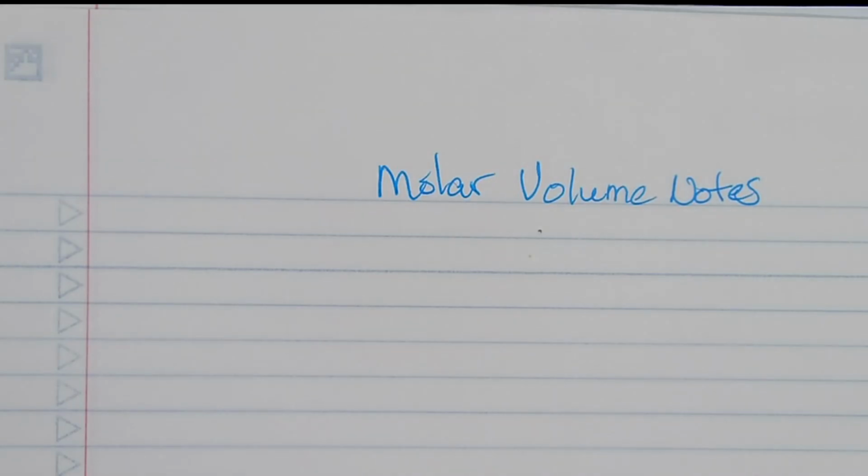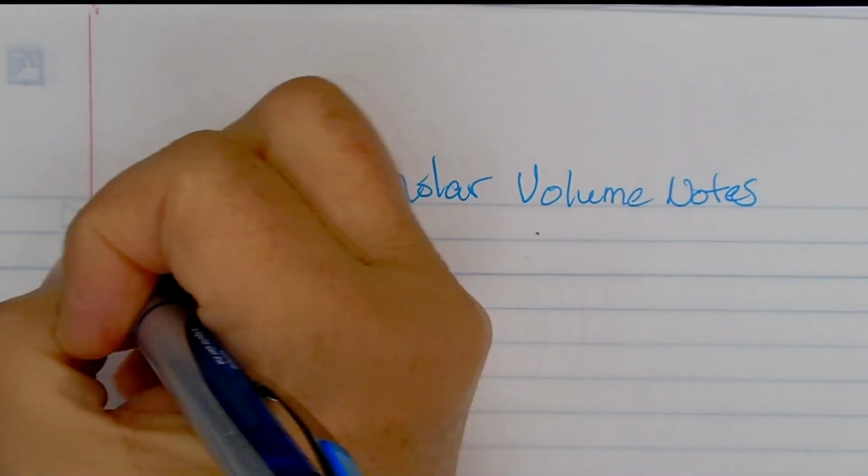Gases would be really hard to measure in grams because we can't scoop them out, but we can measure a volume. So we also have a conversion from moles to something called, remember, liters or milliliters. And so these are mole conversions.